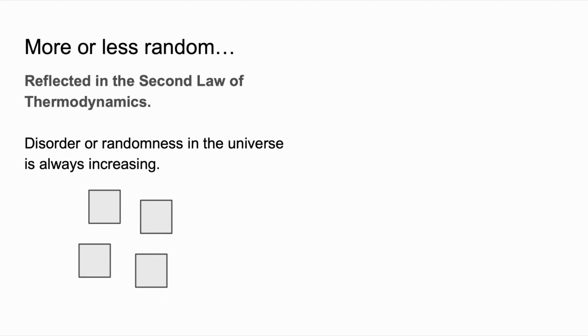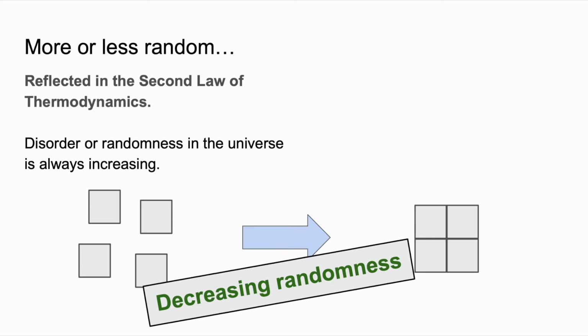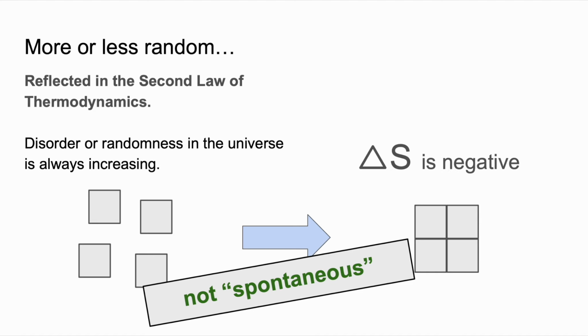Now, it does go the other way too. If I take something and decrease the randomness of it, like this, we would call that decreasing randomness. We would say that this is a very non-spontaneous type of scenario. We would need to have energy added in order to make this happen. And we would say that the delta S in this case is negative.